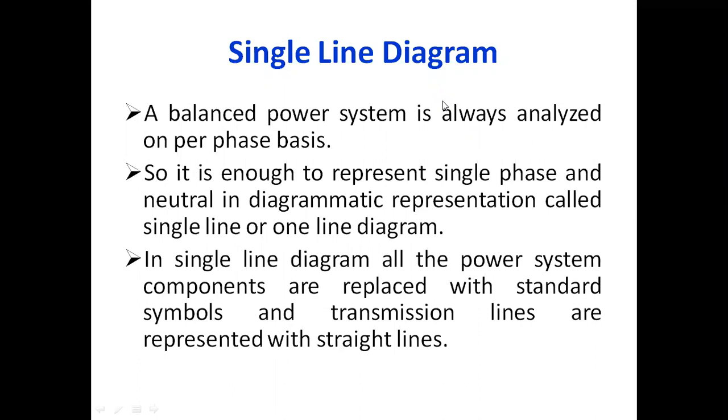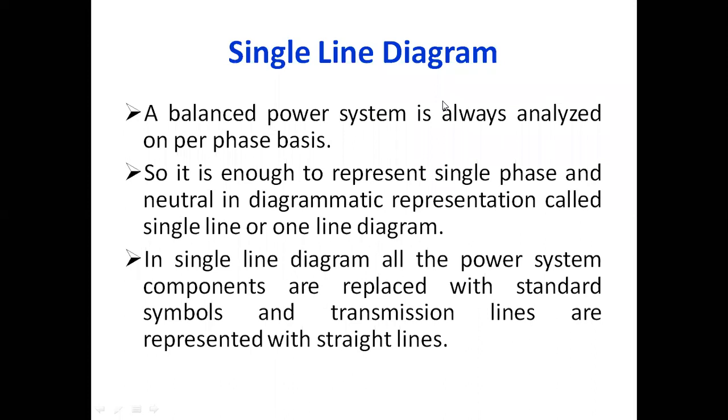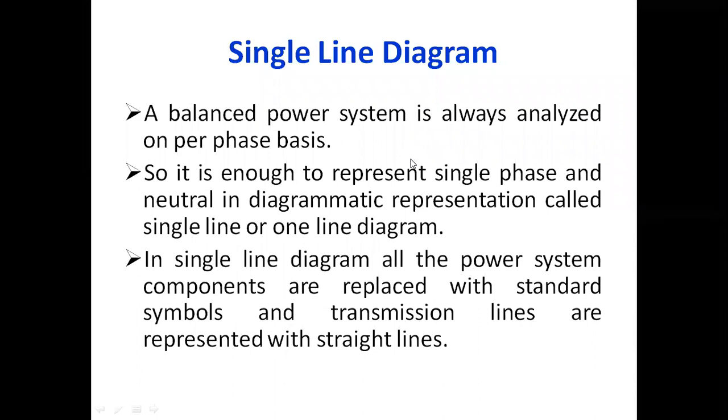So you need not do the analysis for the remaining two phases, Y and B. You just restrict your analysis to a single phase, that is, R phase and neutral. If you get I equal to 2, you multiply that with 3 and you will get the 3 phase current, so a total of 6 amperes is flowing in a 3 phase balanced power system. So the first point is that a balanced power system is always analyzed on a per phase basis.